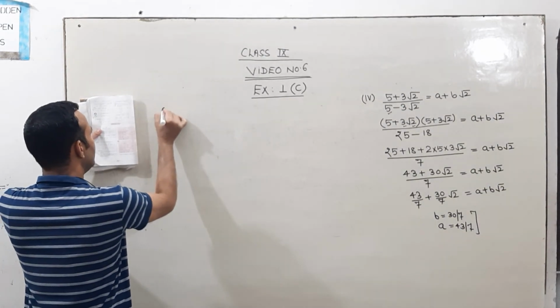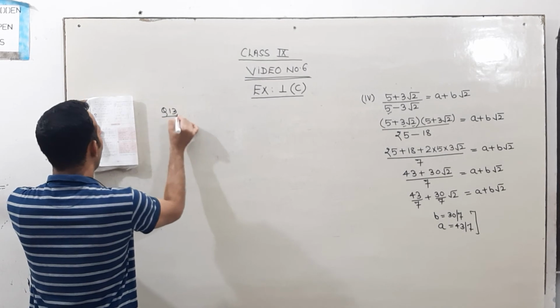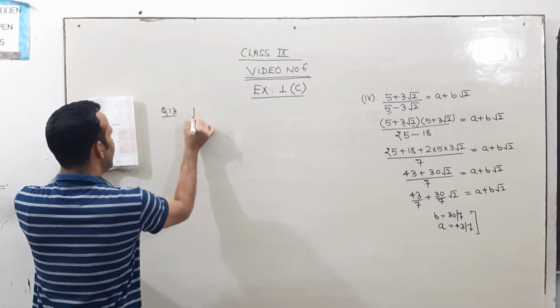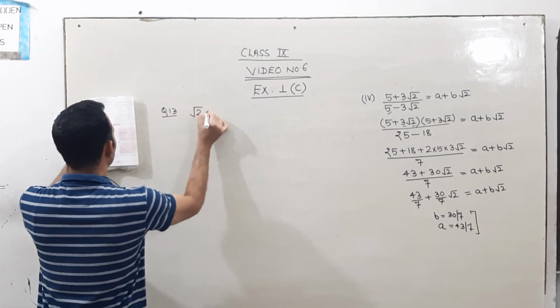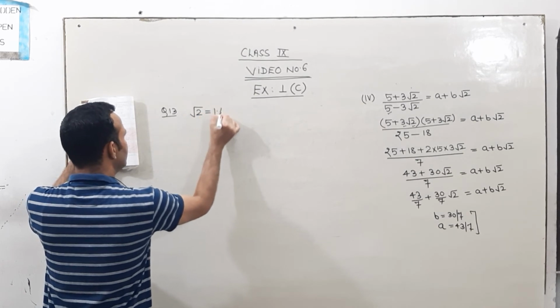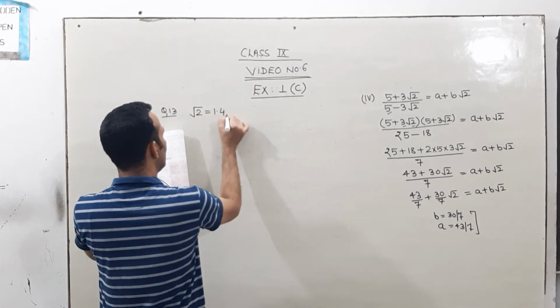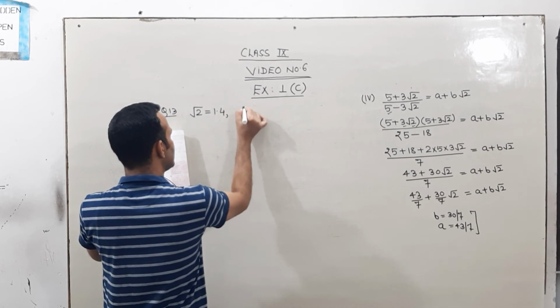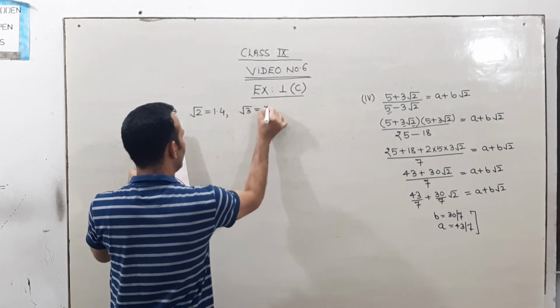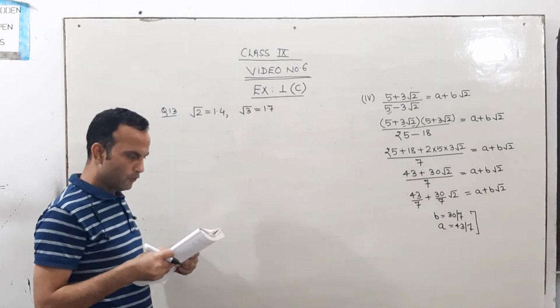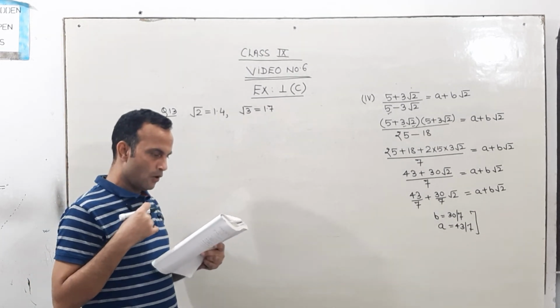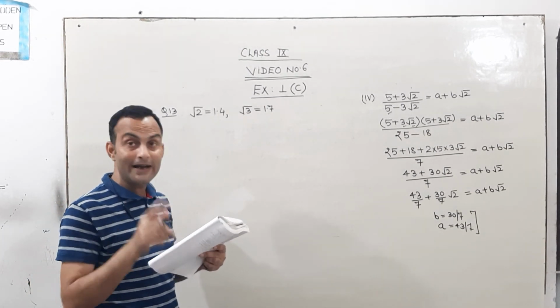Here it is given that the value of root 2 is 1.4 and the value of root 3 is 1.7. The question is: find the value of each of the following correct to one decimal place.